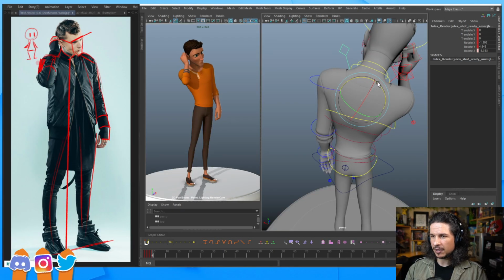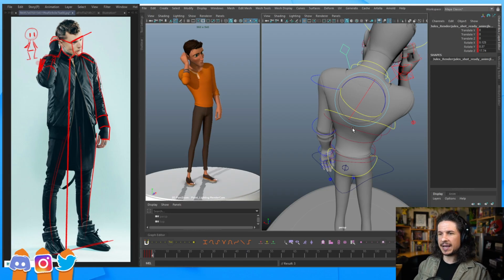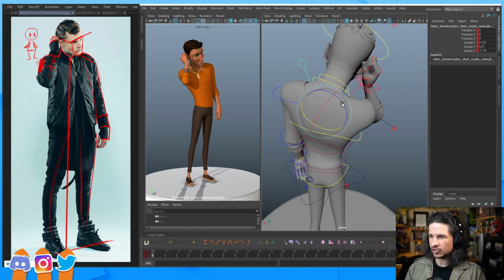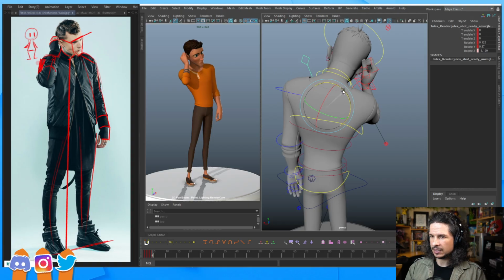And pulling maybe away from my reference. So just the way the shoulder works here, by moving it back, it just gives a stronger shape to the entire thing. I also kind of want to lower that shoulder just a little bit, so we have a stronger contrast between the hips and the shoulders here.